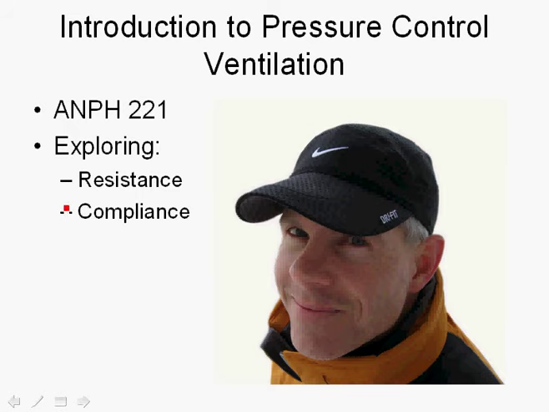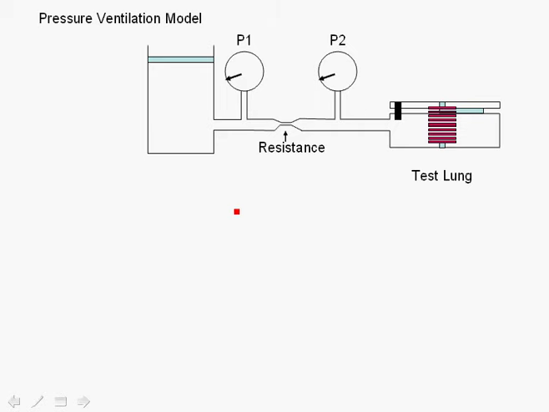In this short video, we're going to explore, using a test lung model, the effects of resistance and compliance during pressure control ventilation. So let's see what that looks like. Hopefully you've watched the other videos looking at volume ventilation, so the test lung model will be familiar to you.